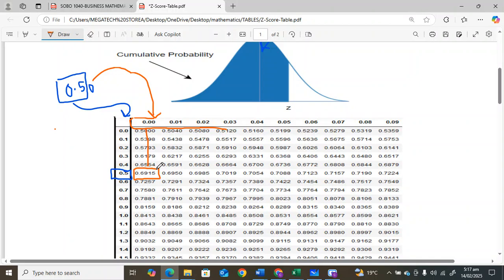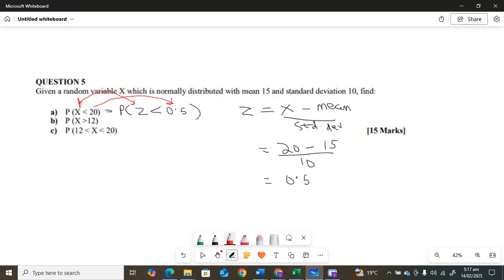So the value here is 0.6915, which can be represented as 69.15%. But you can just leave your answer like this, 0.6915.